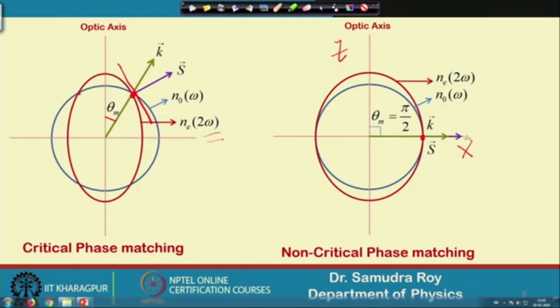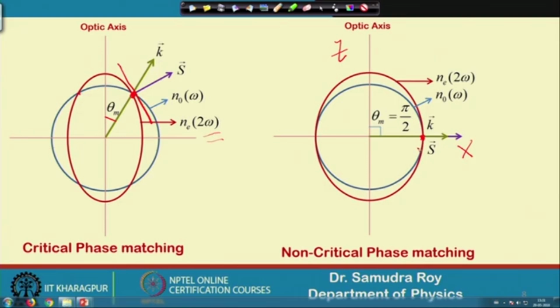So, along this direction, k and s will be parallel to each other. Non-critical phase matching is a very important thing, where we have the additional property that k and s are parallel to each other. And if I deviate slightly, there is no problem, because they are parallel to each other. So, that is why it is called non-critical phase matching.